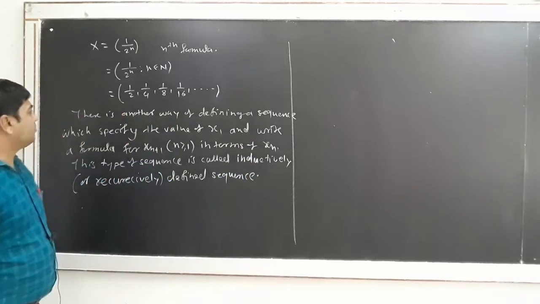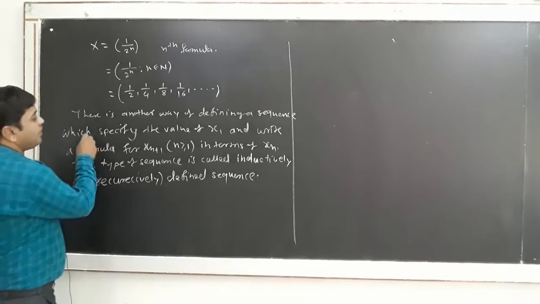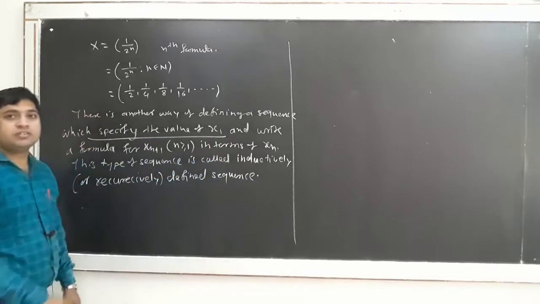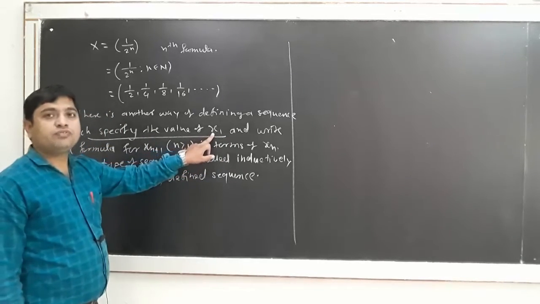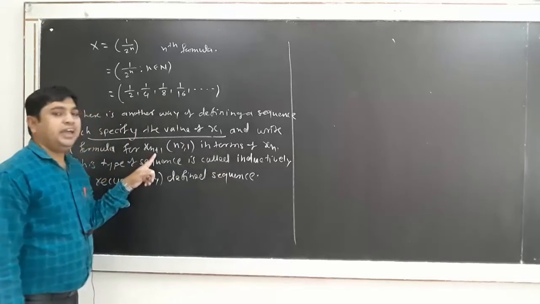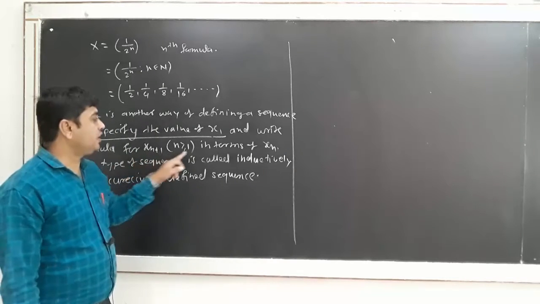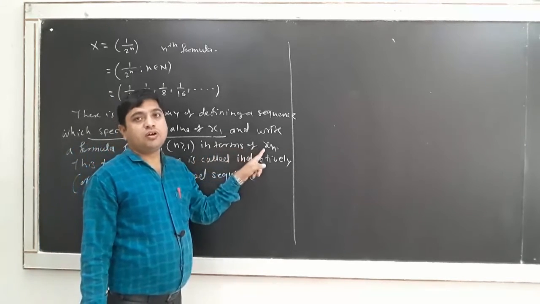That means what? What it means, there is another way of defining a sequence. It specifies the first term, and then we write the formula for xn plus 1 in terms of xn.